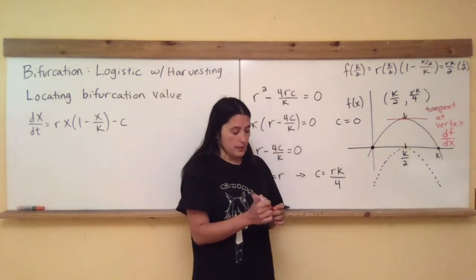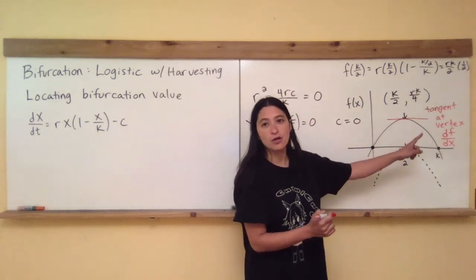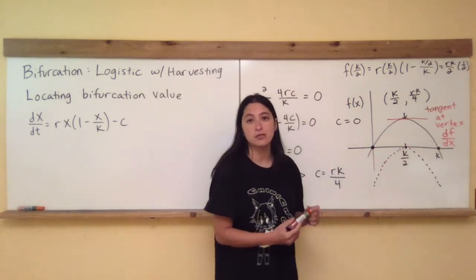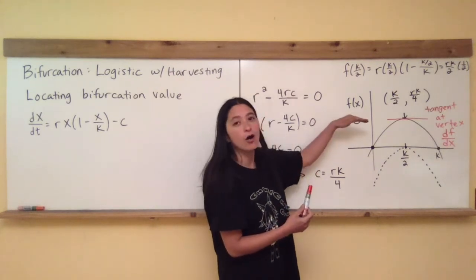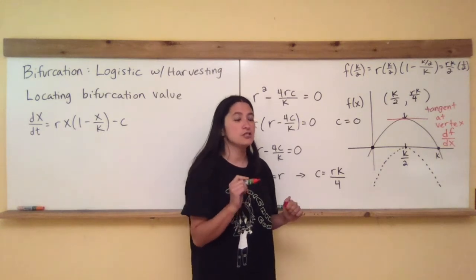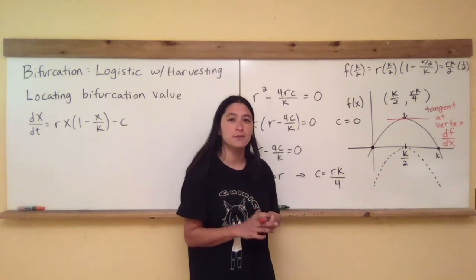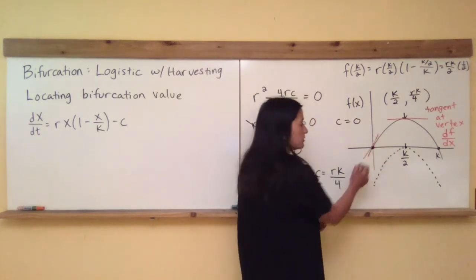When you look at this black graph of f of x, there's actually only one special place where if I drew a tangent line with my red pen, I would get exactly a horizontal tangent. Remember that df dx is usually used to classify the stability of equilibrium points. So df dx right here is positively valued.